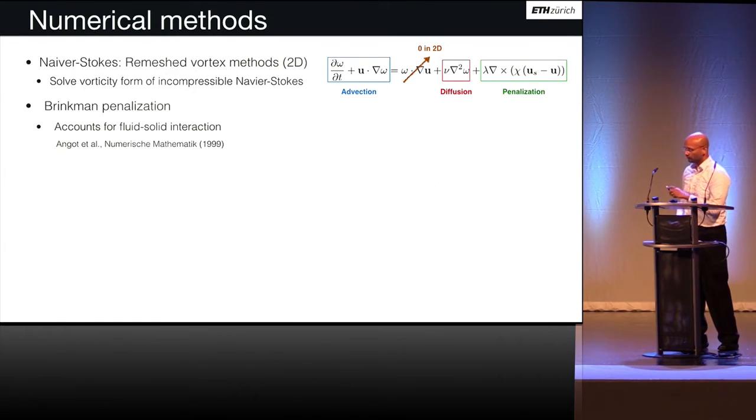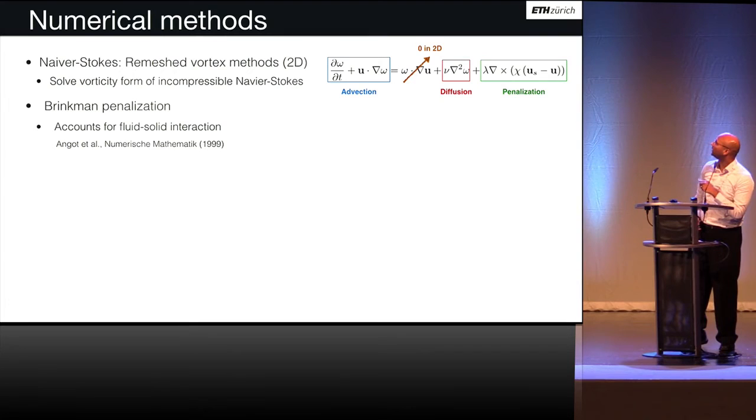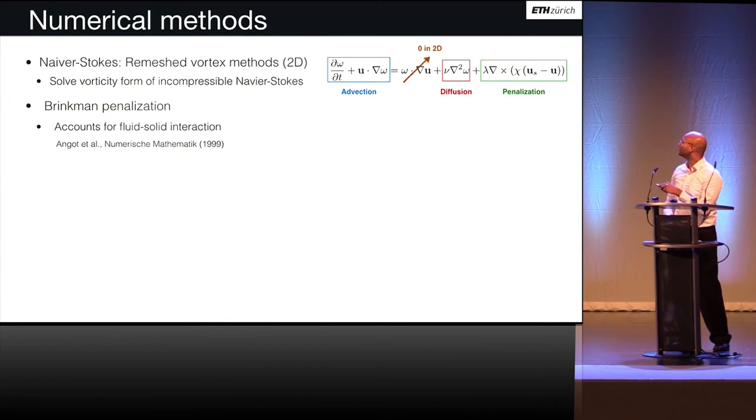Okay, so let me just quickly walk you through the numerical methods we use. We're basically relying on the Navier-Stokes equations, both 2D and 3D. Here's the 2D vorticity equation. And the way the solid talks with the fluid is done via penalization. So there's an extra penalty term added here, shown in green.